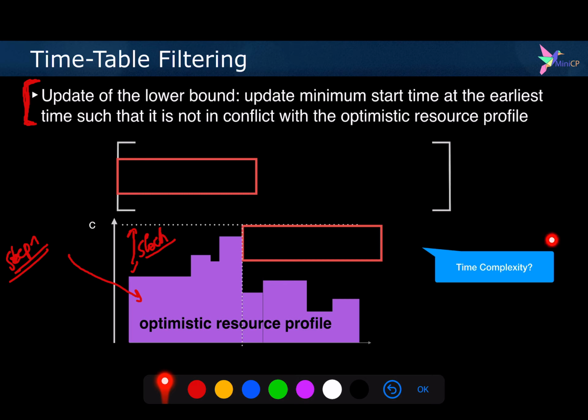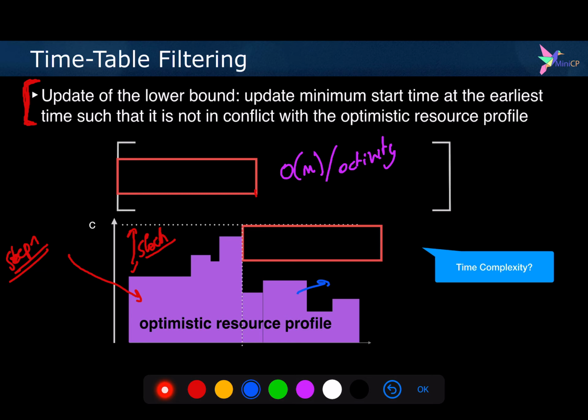What is the time complexity for doing this for every one of the n activities? Well, for one activity, this operation will take me order of n. So it will be order of n per activity. Because for every activity, I look ahead: am I exceeding the capacity C over the optimistic resource profile?